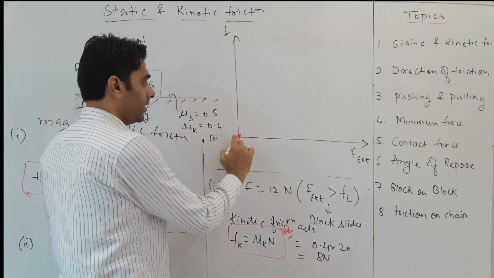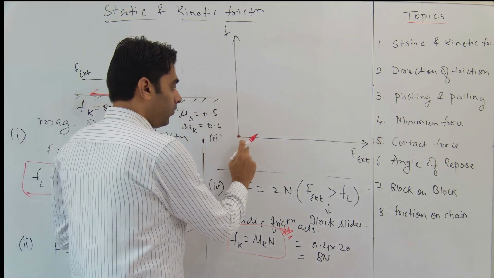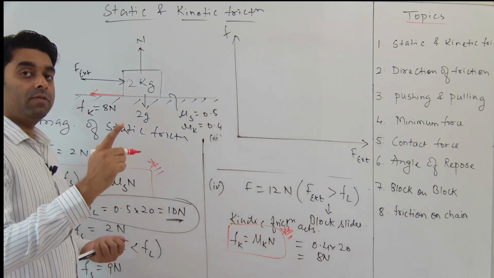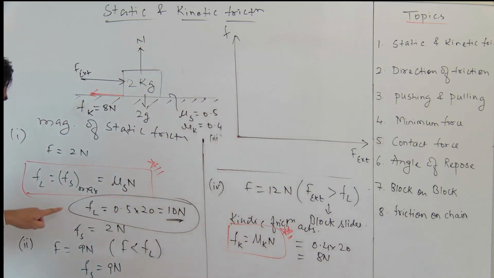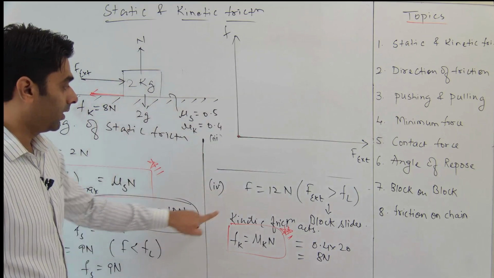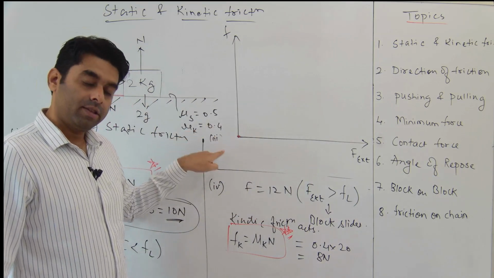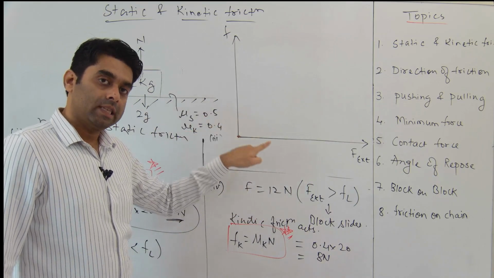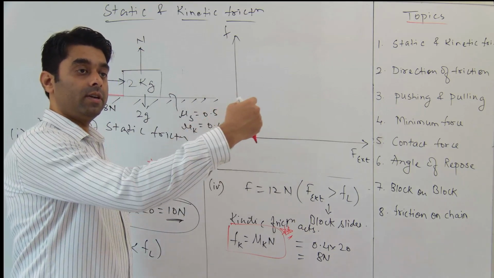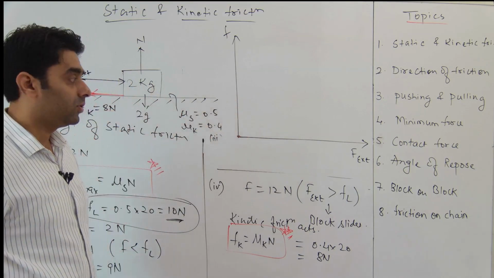As external force increases, friction value also increases. External force was 2 Newton, static friction was 2 Newton. External force was 9 Newton, static friction was 9 Newton. External force was 10 Newton, static friction was 10 Newton. That means it is directly proportional and the values are the same.